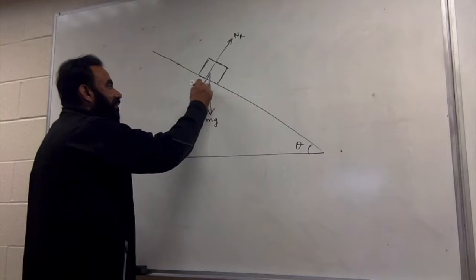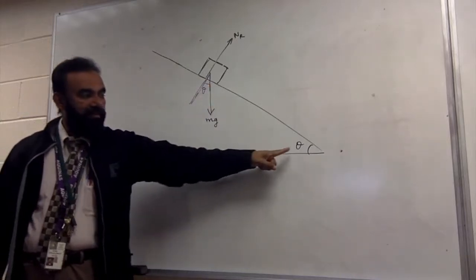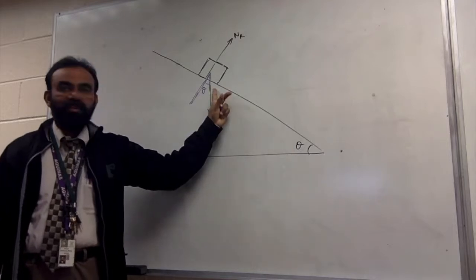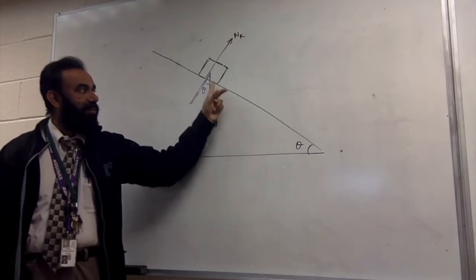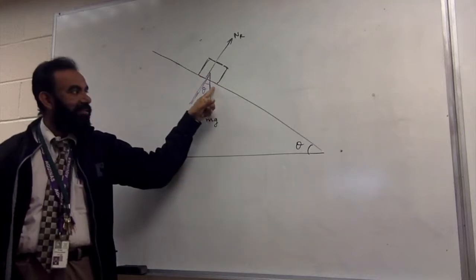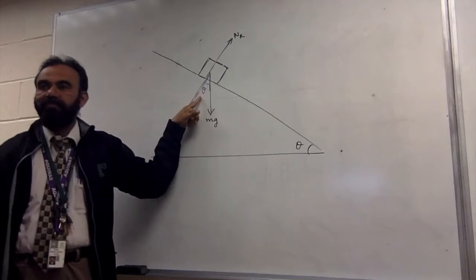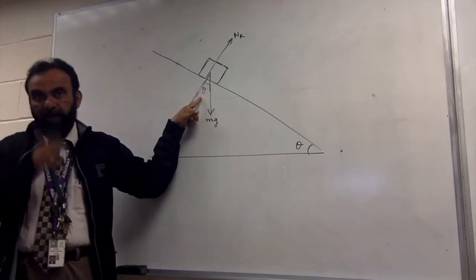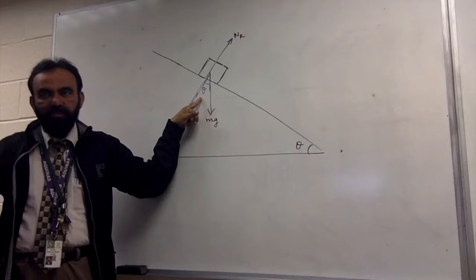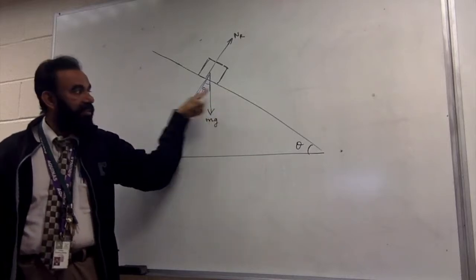Good. Again, if this is theta, this is 90 minus theta here. Because this surface and this are at right angles, if this is 90 minus theta and this whole thing is 90, this must be theta. Makes sense? Everyone's okay? Because you're going to do the same thing for most problems. So 90 minus theta is here and that is theta.